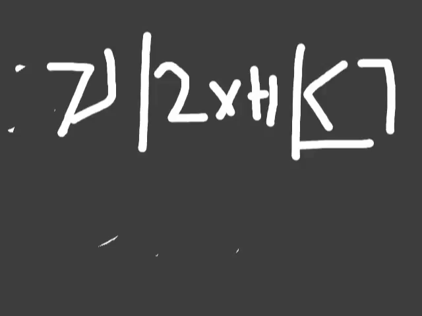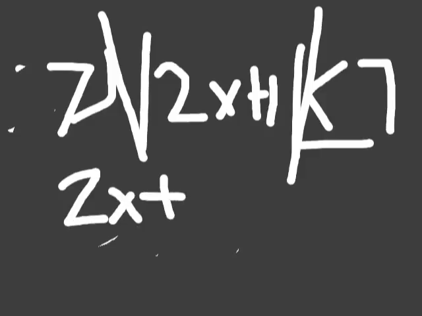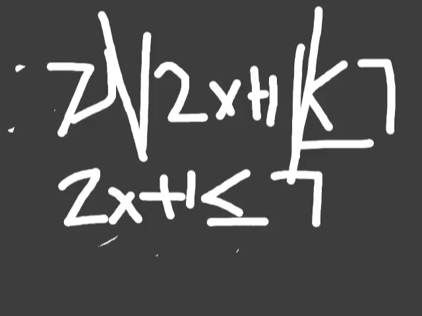So the first thing you should do is cancel out the absolute value, since the absolute value of 2x plus 1 equals 2x plus 1. So that means 2x plus 1 is less than or equal to 7.